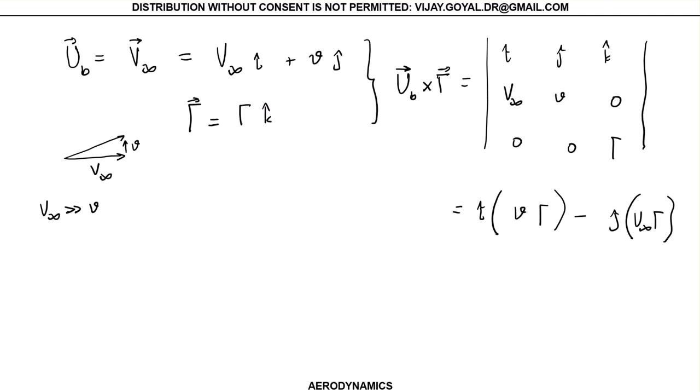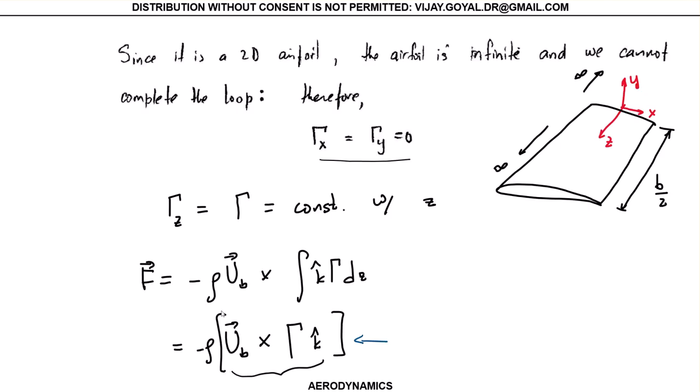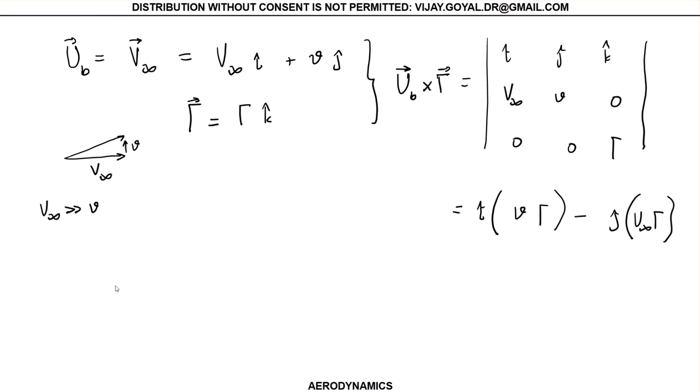If I take this expression and plug it back inside this expression right here, that will give you the value of the total force acting on the body. Minus, minus, and minus, minus become plus.